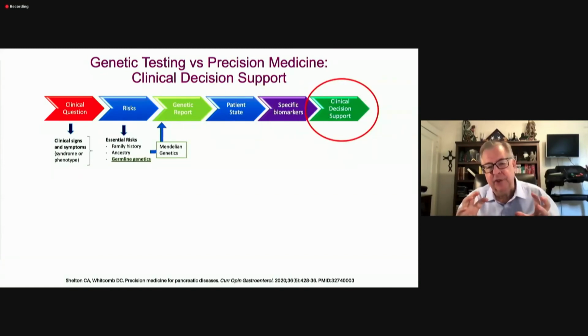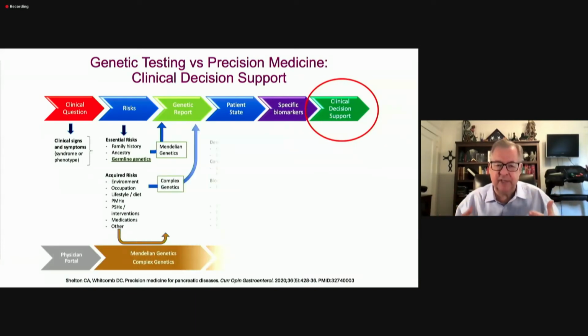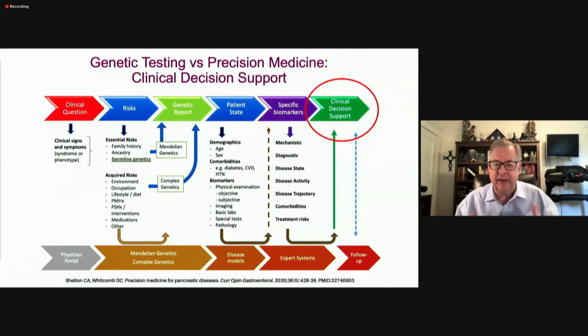What we need is clinical decision support that anticipates the effects of a variety of genes, both the Mendelian ones and the common ones, along with lifestyle and other factors, and then integrates that with the patient's state, their age, sex, other information, comes up with a model of disease, looks at the mechanism, how to diagnose it, the disease state, and then puts it together to provide guidance as to what is wrong and how to treat the patient. So what we really need is not a genetic report.